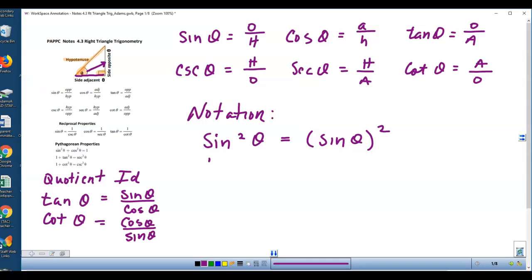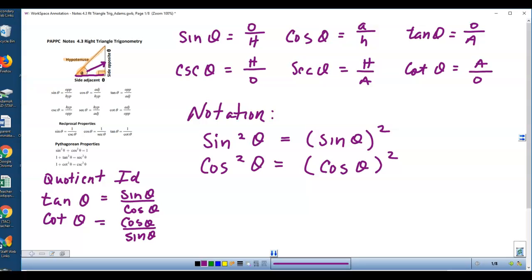For cosine, you would see cosine squared theta, which is the same thing as cosine theta squared. So we're not just squaring the angle, it's the actual function value. That means sine theta times sine theta, and cosine theta times cosine theta.